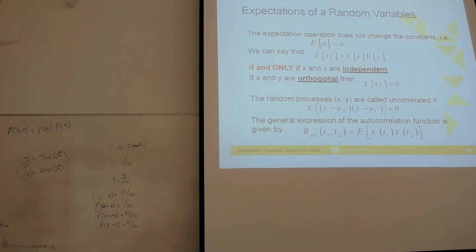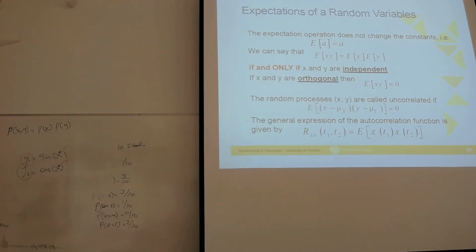But independence includes orthogonality. The random variables x and y are called uncorrelated if the covariance equals 0. This is the covariance: x minus mu x times y minus mu y equals 0. In this case, we call them uncorrelated.